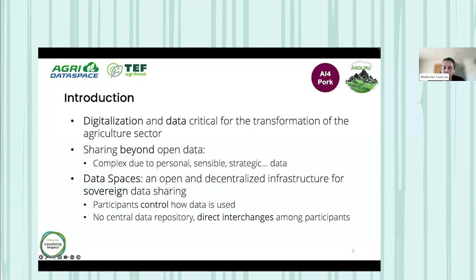This has happened a lot until now regarding personal data through social networks and so on. We want to avoid that in the agriculture domain. So this infrastructure should guarantee that when you share data, you remain sovereign over that data.